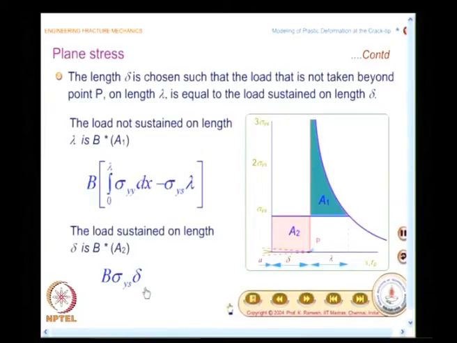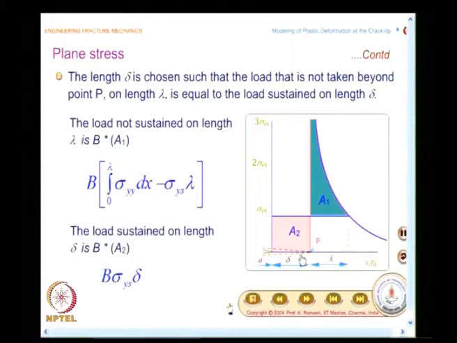See, I will also have to caution you here on symbolism. I have used delta in these derivations as the extension of the original crack a by a fictitious length delta.